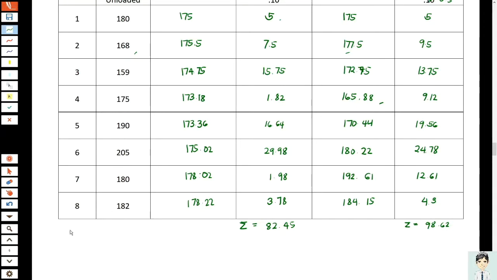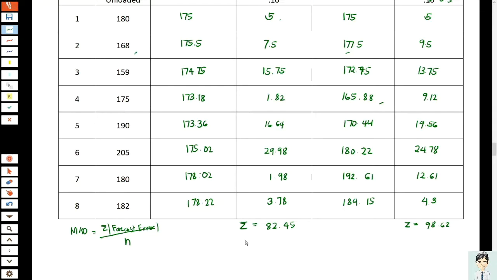So yung mean absolute deviation natin is equals to summation ng absolute value ng forecast error divided by n, number of periods.